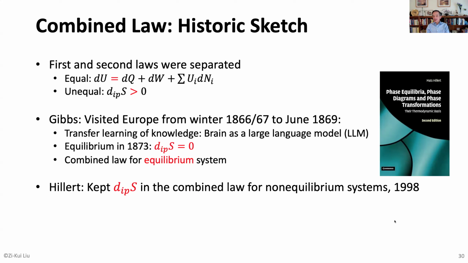This is the second edition in 2007, but the first edition was in 1998. Look at the title of his book: Phase Equilibria, Phase Diagrams and Phase Transformations. So this is really equilibrium and non-equilibrium altogether combined. I really think Max Hillert was the person who systematically put the two together in this wonderful book.